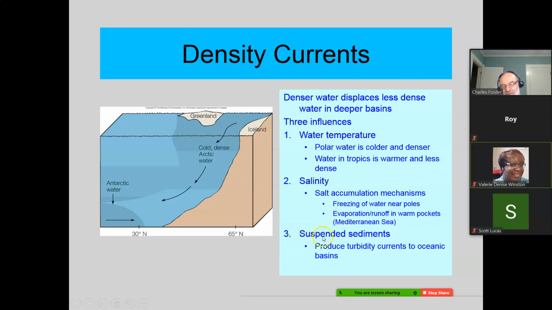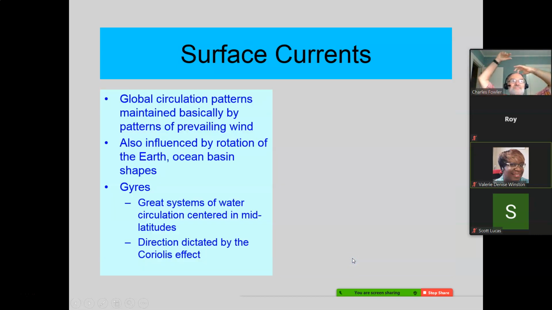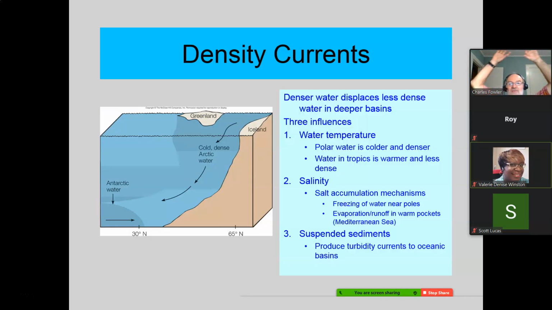Now, the other thing that we have happening is suspended sediments. This produces turbidity, which is cloudiness, in those currents in ocean basins. The more stuff you have suspended makes it a little denser too. And this is especially bad if, say, you've had a lot of flooding and runoff, say in the Mississippi River Basin.